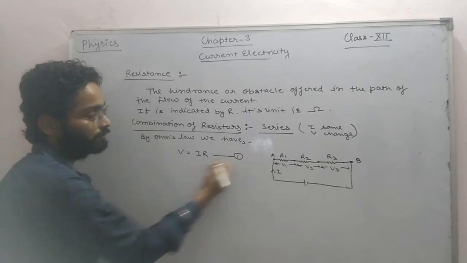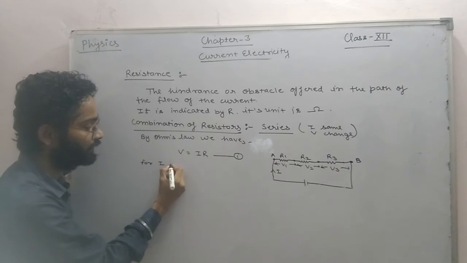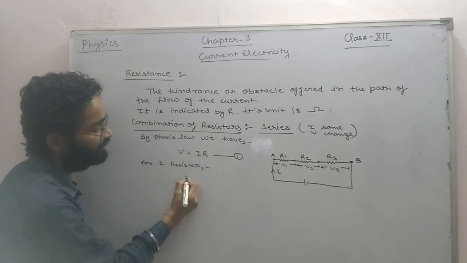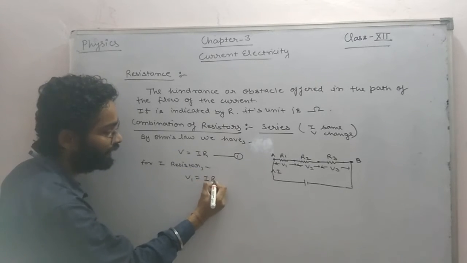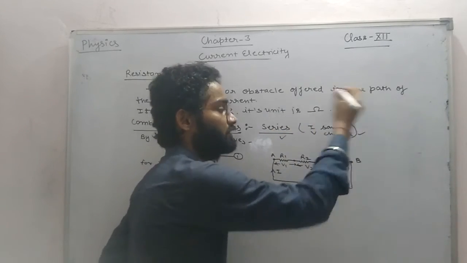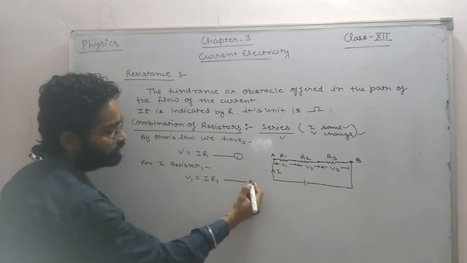This is equation number 1. For the first resistor, V1 can be written as I R1, because I have told you in series I is the same, V changes. So V1 is equal to I R1. This is equation number 2.